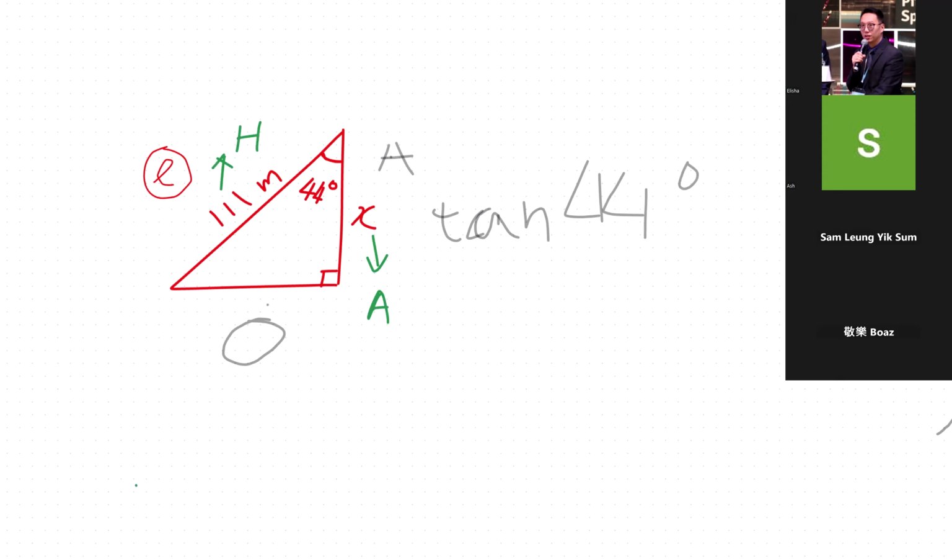Tangent theta would be equal to O over A. Okay? Do you have the H there if you use tangent? You should not use tangent because you don't have O.